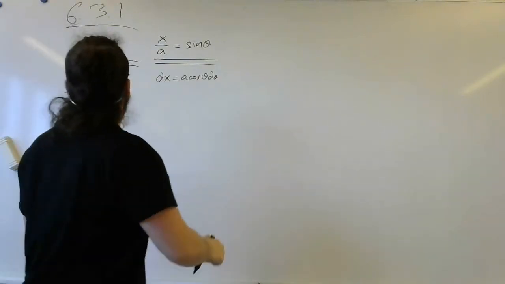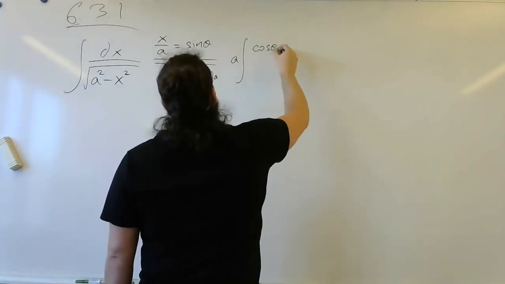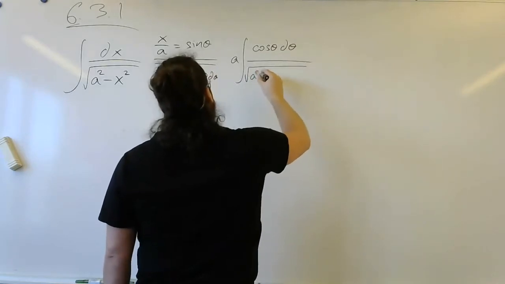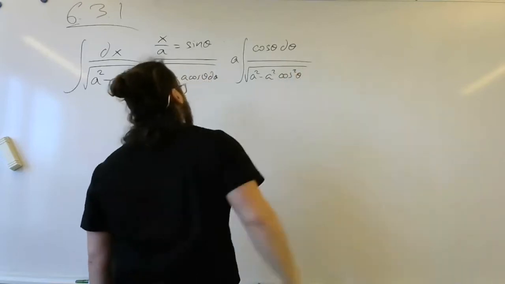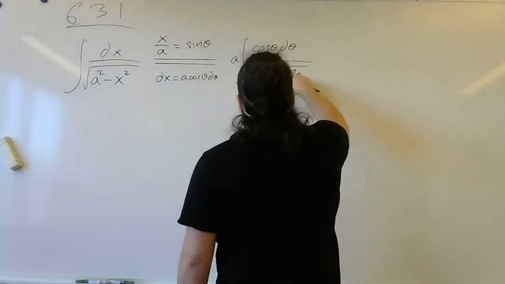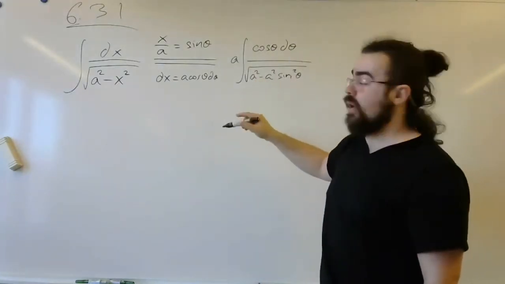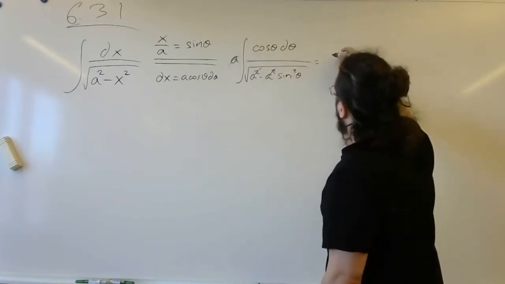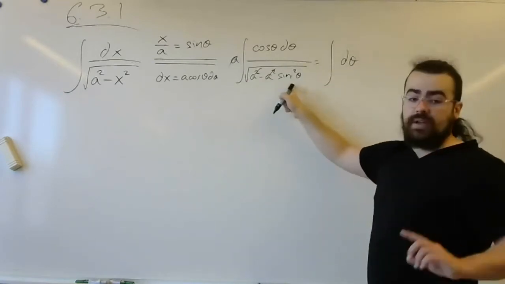And let's see what happens here. That right there. Sorry, this is sine. This a squared comes out of the square root as a, so it cancels here. And what we have is the integral of differential of theta, because this is 1 minus sine squared, so it's cosine squared.